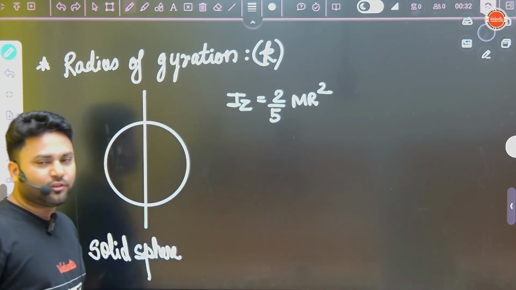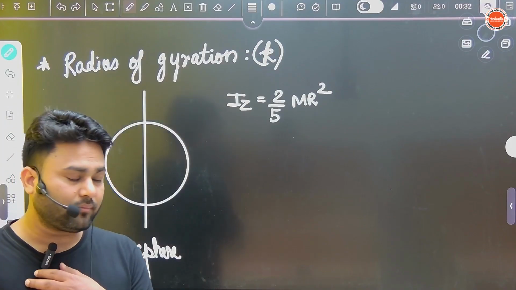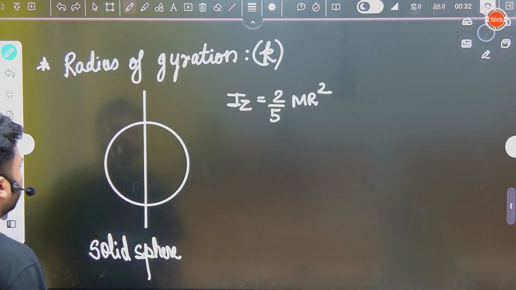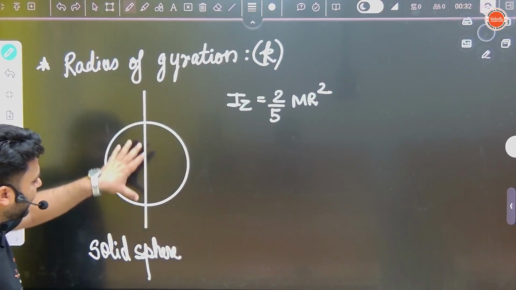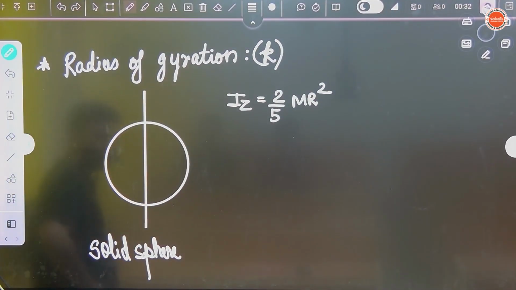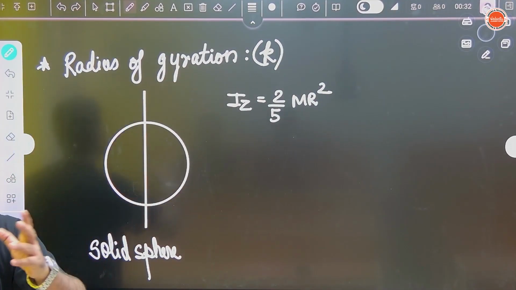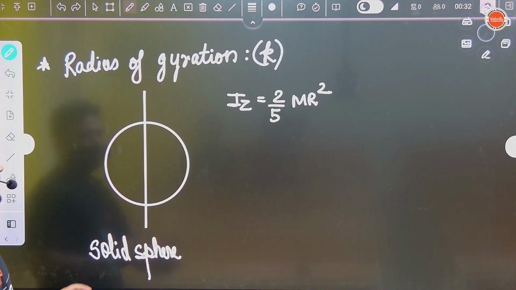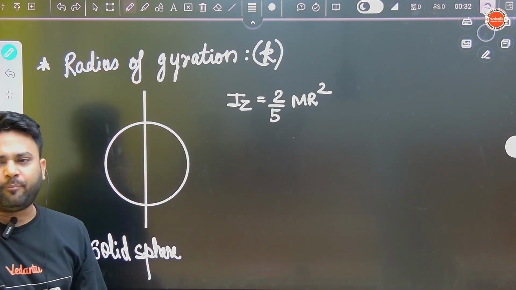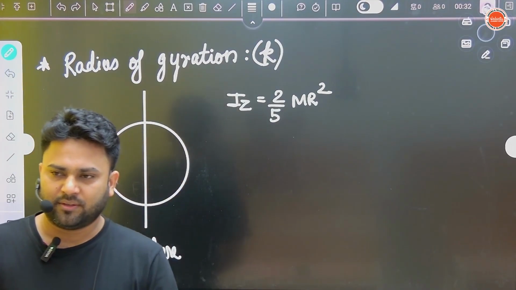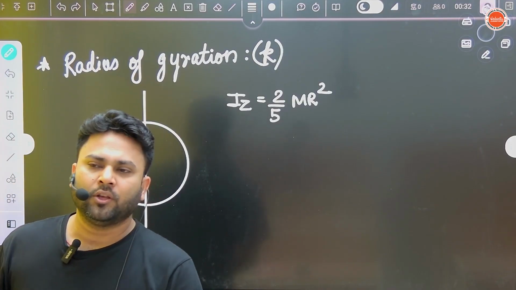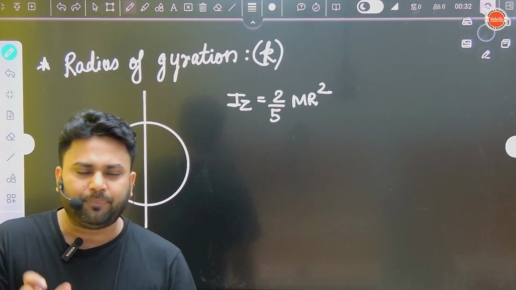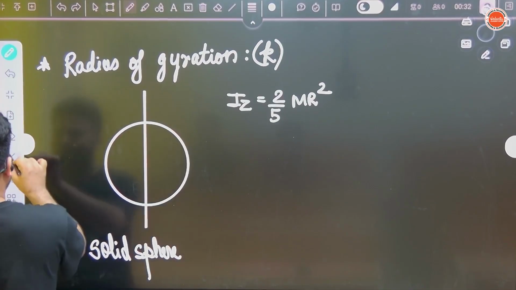Now see, what is radius of gyration? Very important thing. Radius of gyration means, if I keep the axis the same, if I don't change the axis, but if I treat the sphere like a point object, at what distance should I keep it?